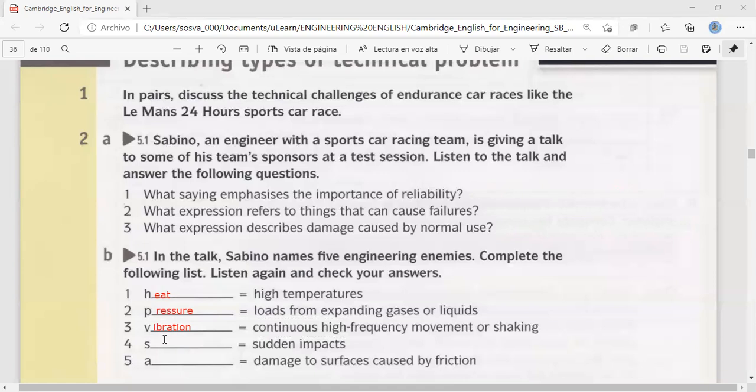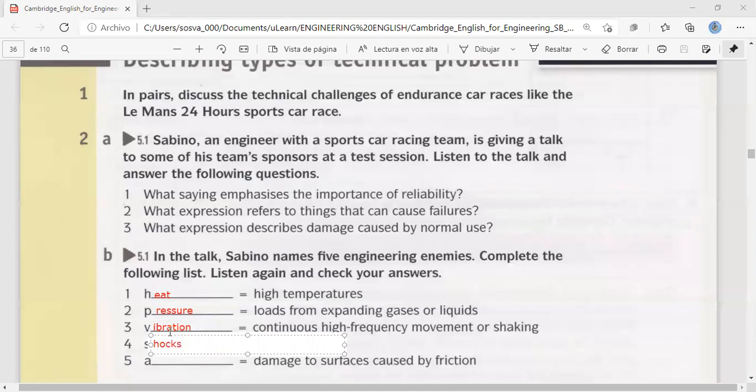Number 4, we talk about sudden impacts. A synonym to impacts is shocks.